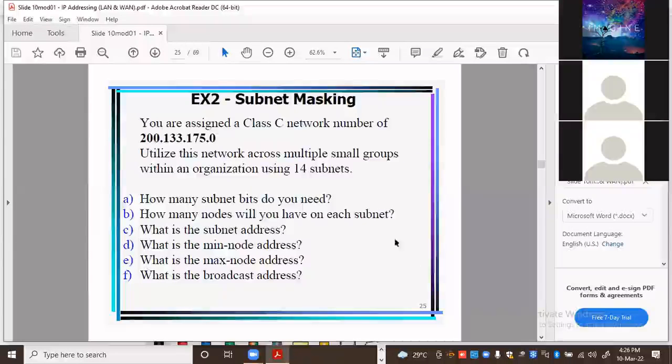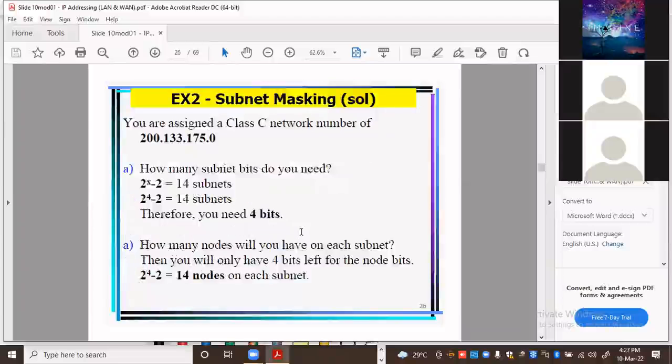Since they told you it's 14 subnets, you can easily find the bits because it's 2 raised to the n bits minus 2, which gives you the total subnets. So 2 raised to the power n minus 2 equals 14.